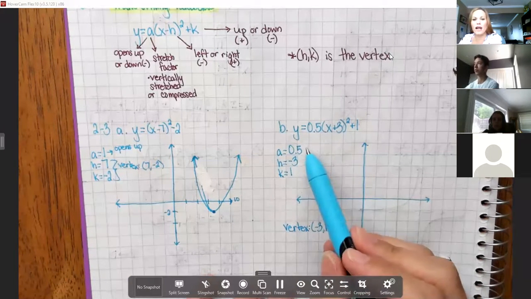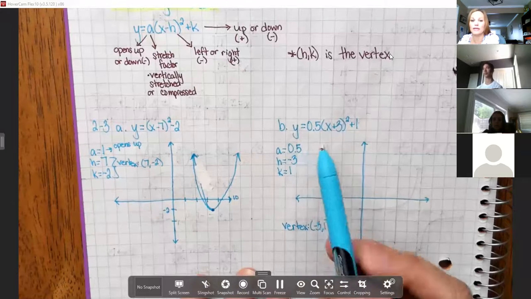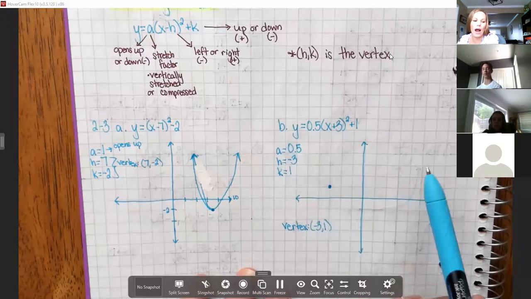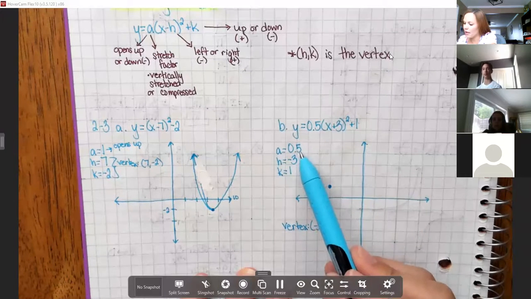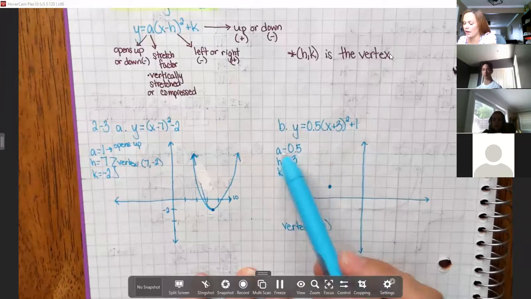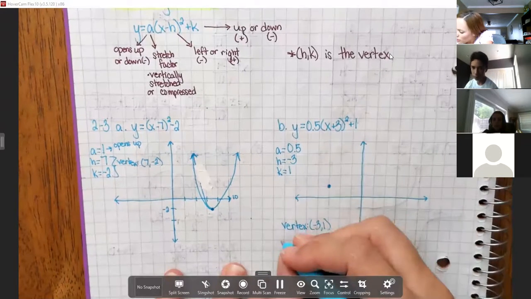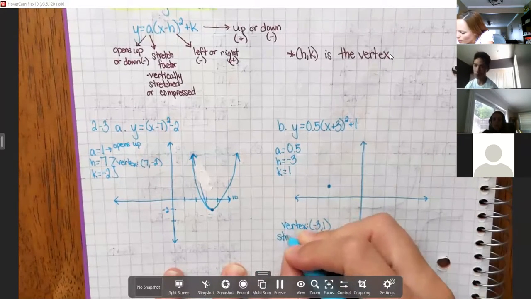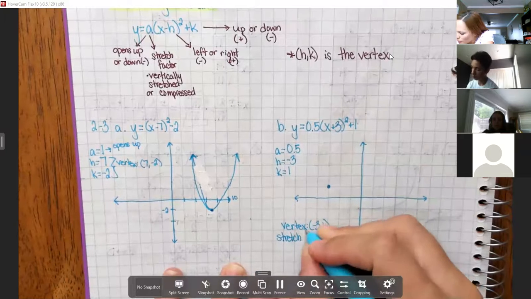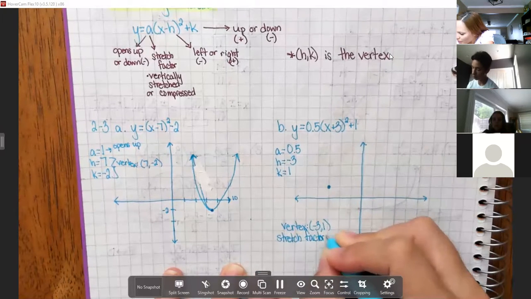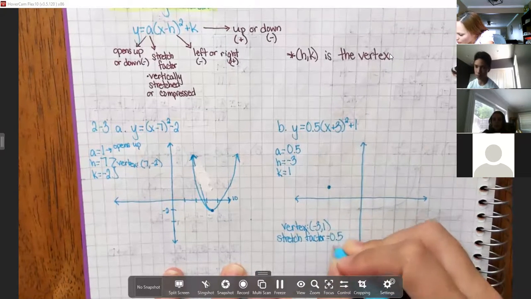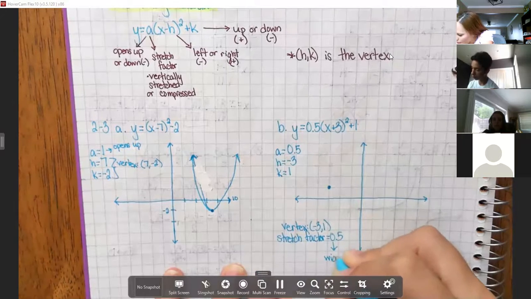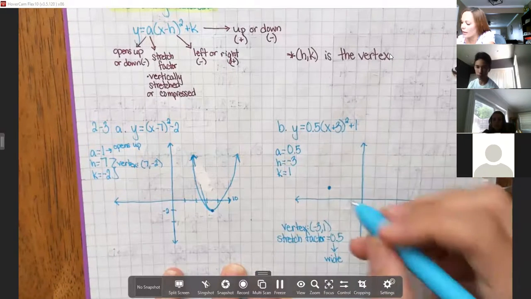A is 0.5, so it still opens up because it's positive, but it's also going to be wider because A is less than 1. It's between -1 and 1. So my stretch factor equals 0.5, which means it is wide or vertically compressed.